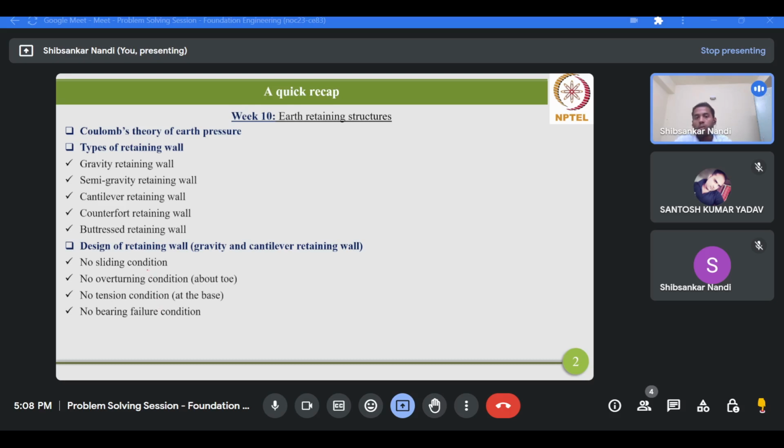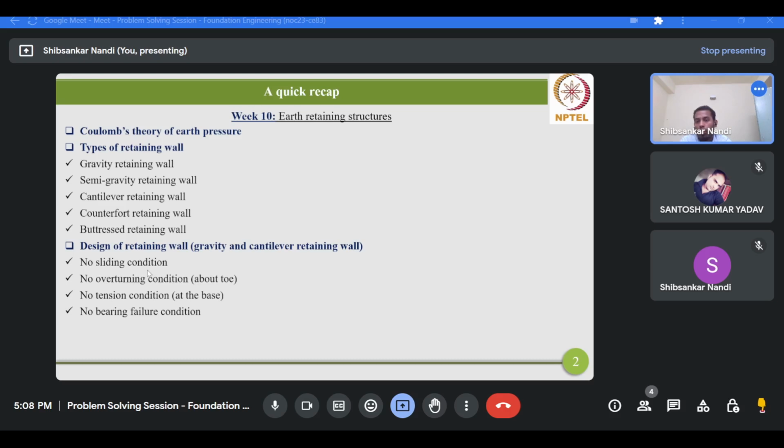As I mentioned earlier, as a geotechnical engineer, either you have to go for proportioning of the wall, like the proportioning of the footing, or, in the other possible scenario, the geometry of the wall and the properties of the backfill and subsoil are given to you.